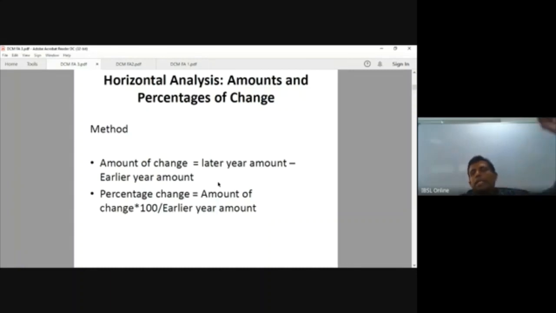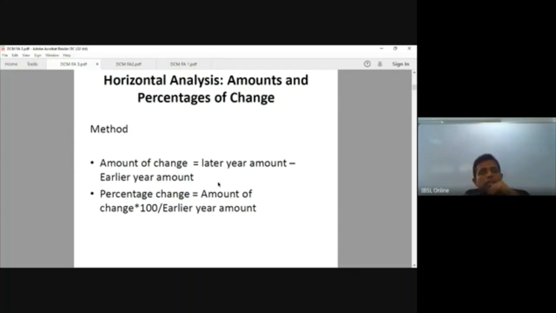Assume that we are analyzing the 2020 financials. Later year amount is the 2020 amount. Earlier year amount is the 2019 amount. Then for percentage change, take the amount of change, divide it by the earlier amount, and multiply by 100.